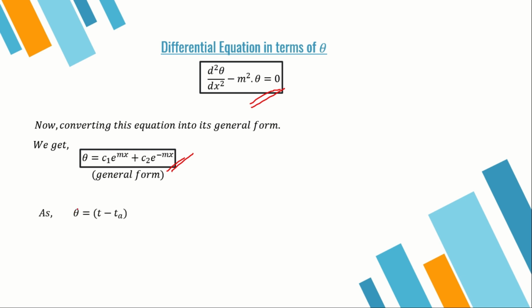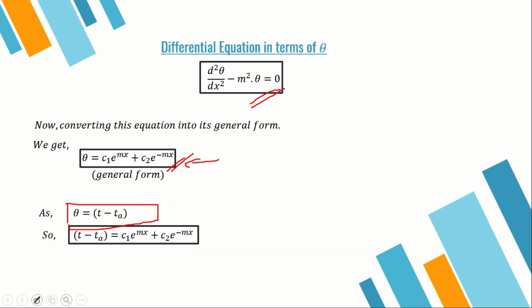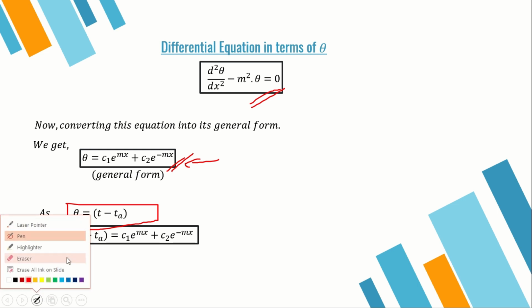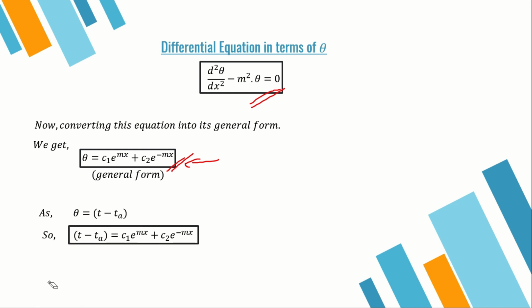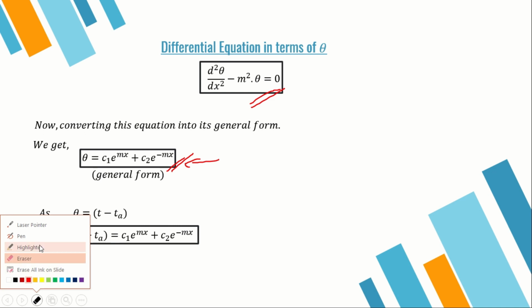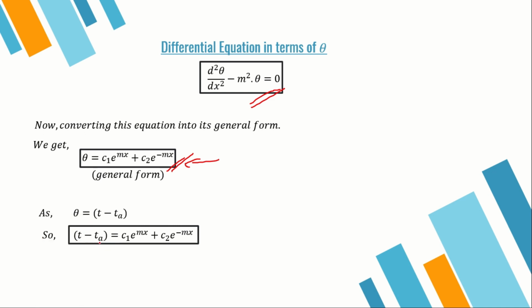In the previous slide we have seen that we assumed theta as the temperature difference T minus Ta. So now we will put the value back into this equation: T minus Ta is equal to C1 e raised to the power mx plus C2 e raised to the power minus mx.